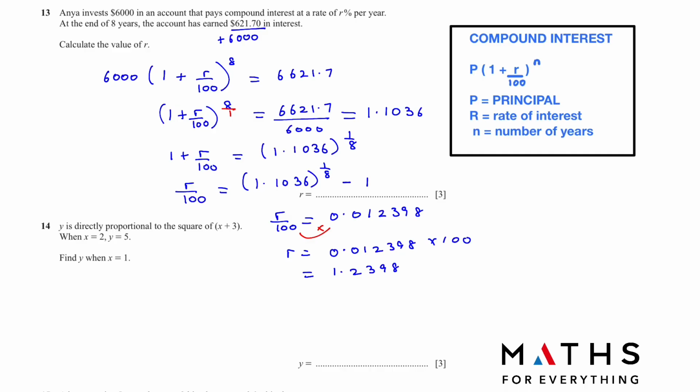We take three significant figures. So we look at the number after the third number. It is 9. 5 or more than 5, we add 1. This will give us 1.24. So our R is 1.24.